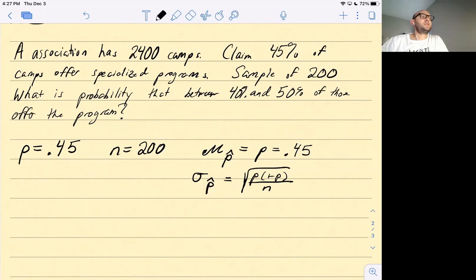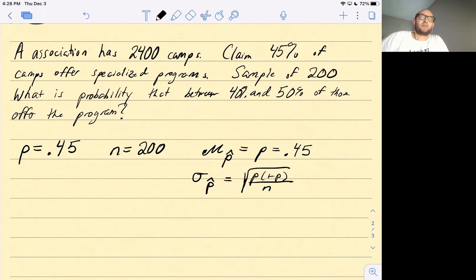But if you're picking too large of a sample to test the sample proportion, as a thought exercise, if you pick everybody, if your sample is 2,400 people, then there's no more randomness.